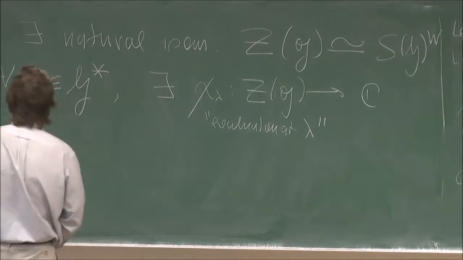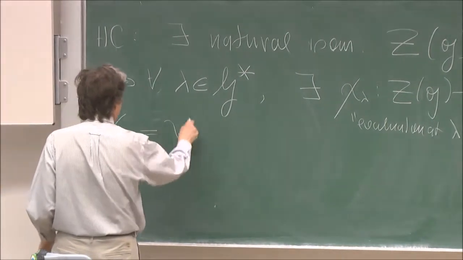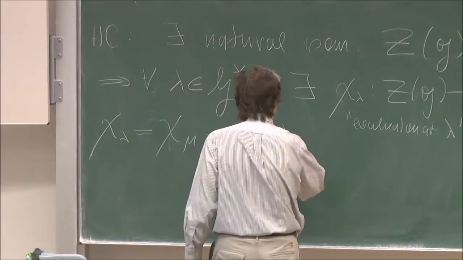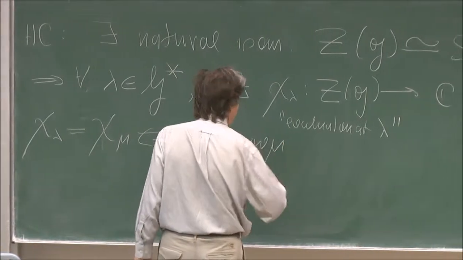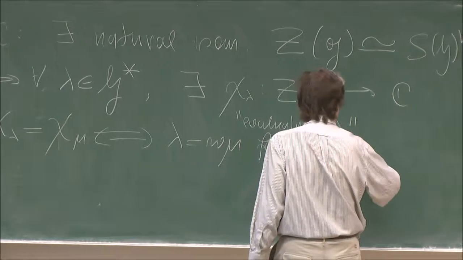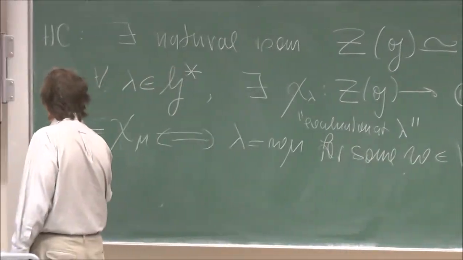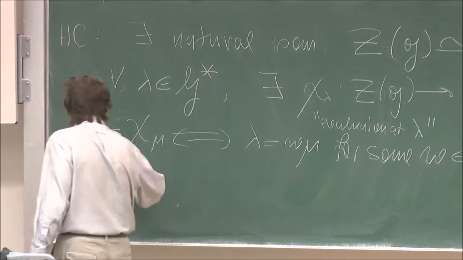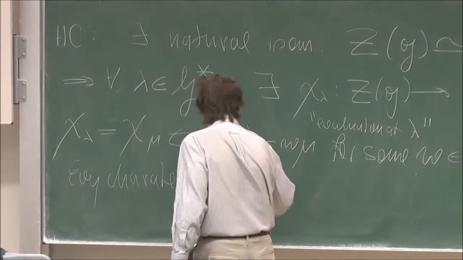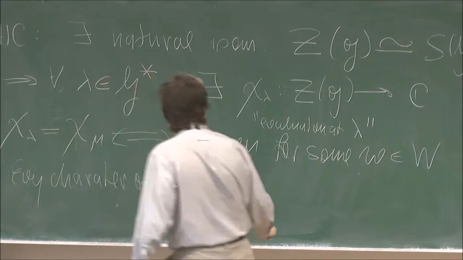And so all of this is Harish-Chandra. Chi lambda is equal to chi mu if and only if lambda is w mu for some w in W. And then to finish the story, every character of the center, character meaning homomorphism to C, is of this form.